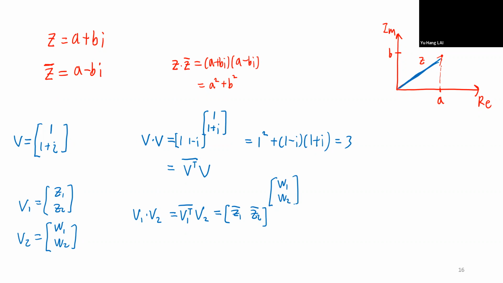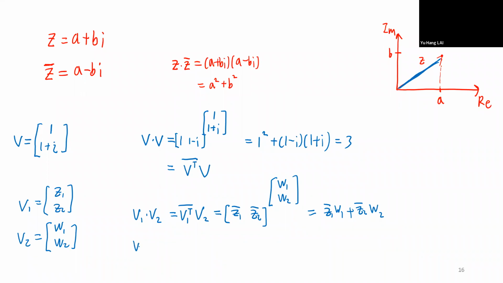Then you do V1 bar W1 plus V2 bar W2. So what if I do V2 dot V1?